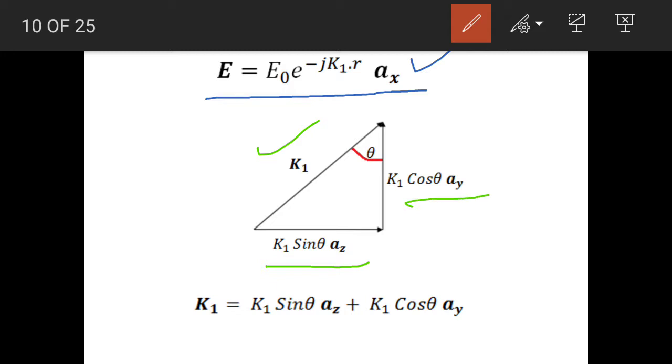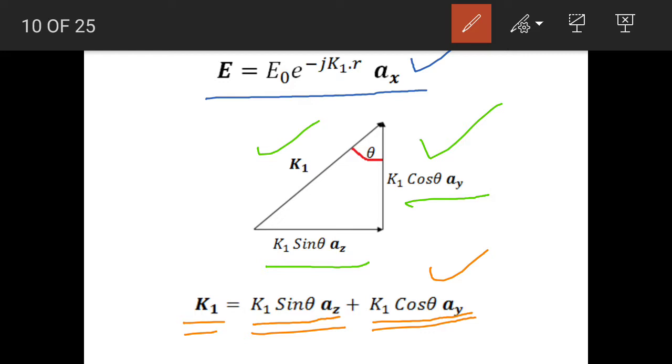The component which is along z-axis is k1 sine theta az, and the component which is along y-axis is k1 cos theta ay, and the sum of these two components will give you k1. So k1 will be equal to k1 sine theta az, this is the component which is along z-axis, plus k1 cos theta ay, this is the component which is along y-axis.